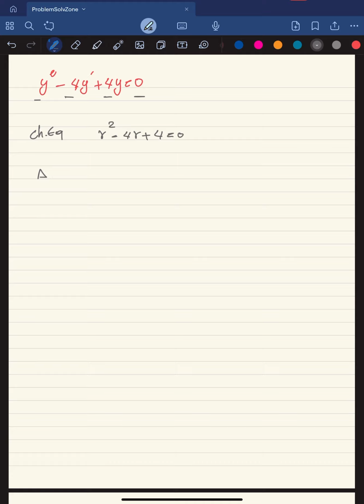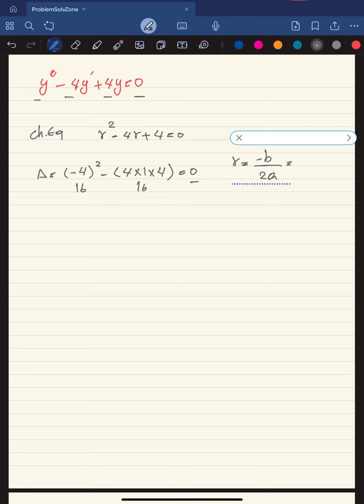And if we write delta for it, it will be minus 4 squared minus 4 times 1 times 4, which is 16 minus 16, so it equals 0. When delta equals 0, we have just one root, and it will be like this, so it's 4 over 2 equals 2.